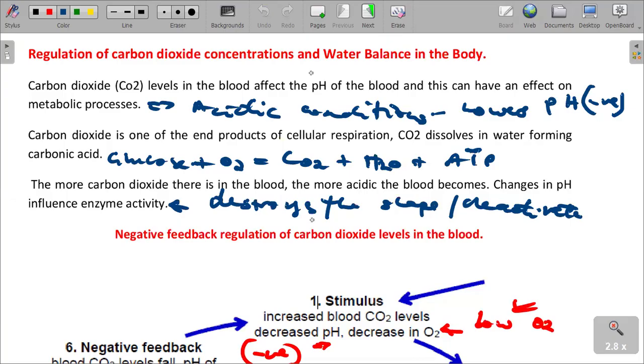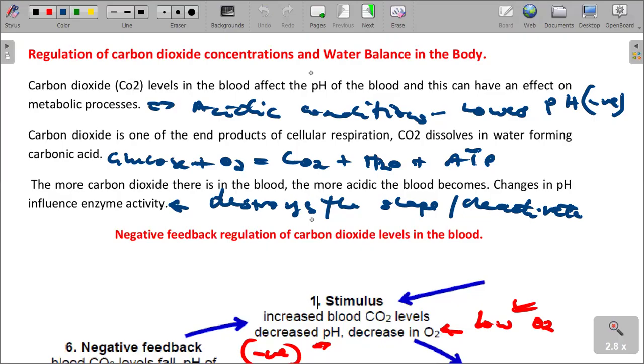So when carbon dioxide levels are too high, it affects the pH, causing acidic conditions, which are not good for the functioning of various enzymes and other life processes that we might want to talk about.